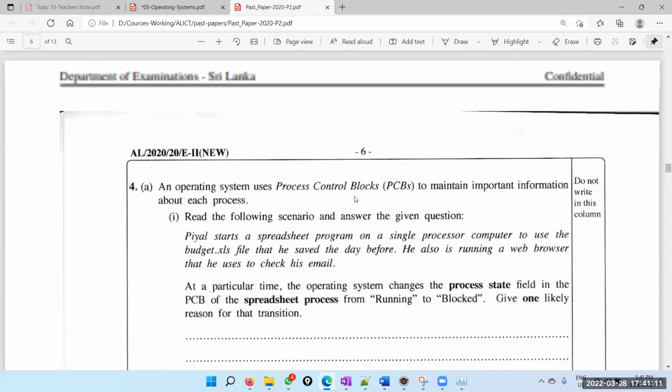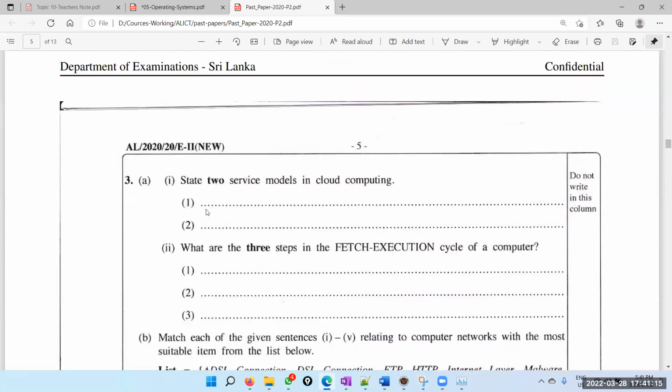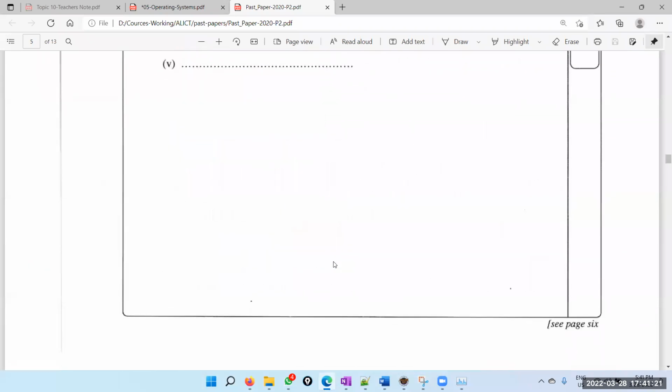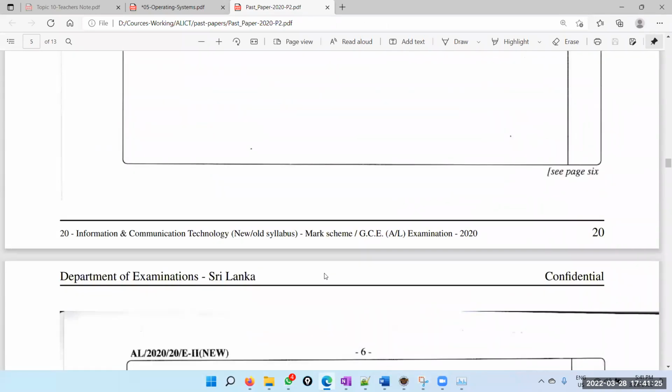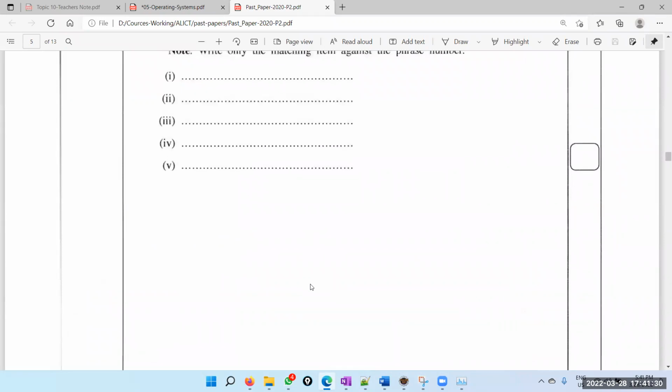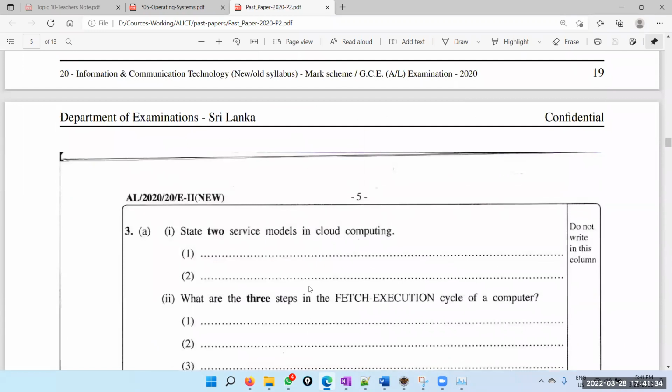Everywhere it is operating system. Everywhere you can see operating system, and this one is also there. Some other third question also has operating system related things. Fourth question also has operating system related things. Now we can see why. I'm doing it very slowly, okay? And why is the examiner interested? Because a lot of students get confused and the examiner is really interested in that.